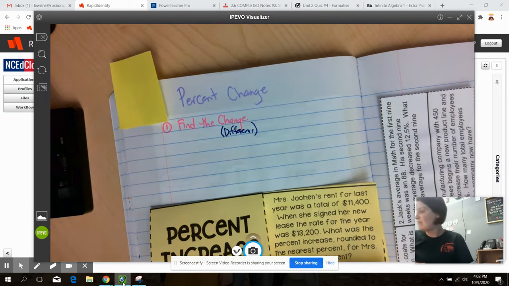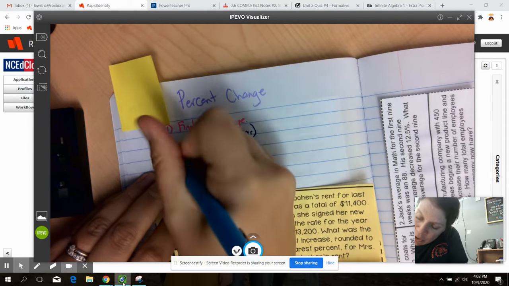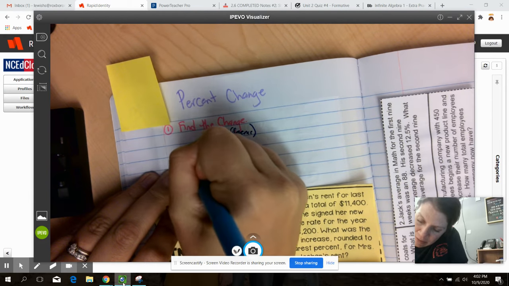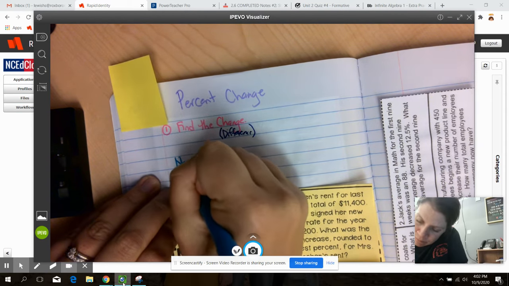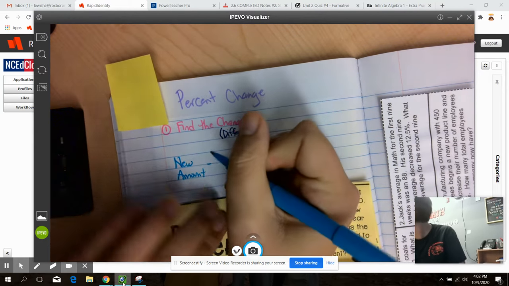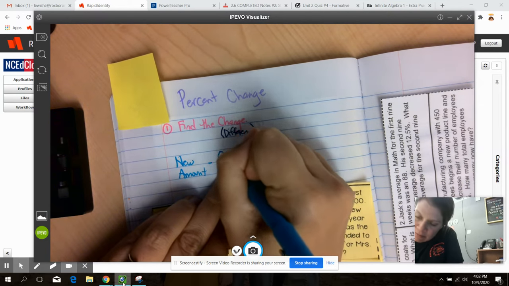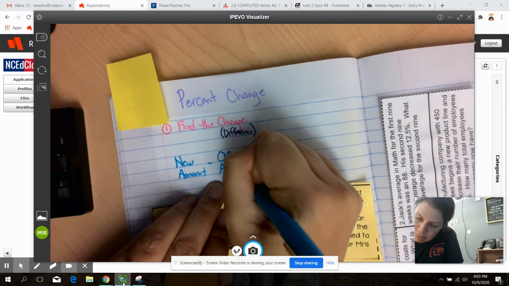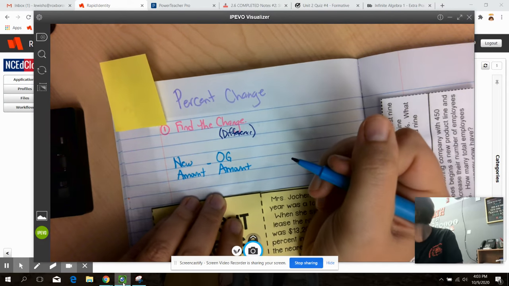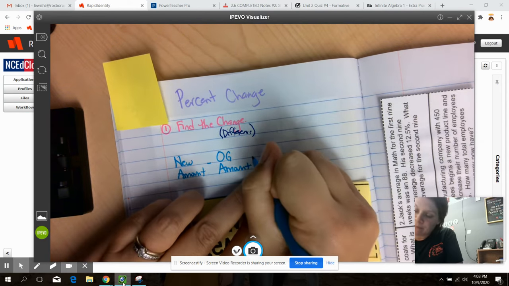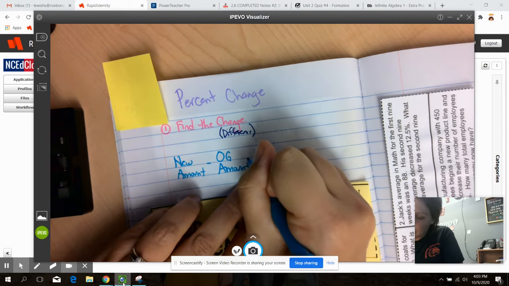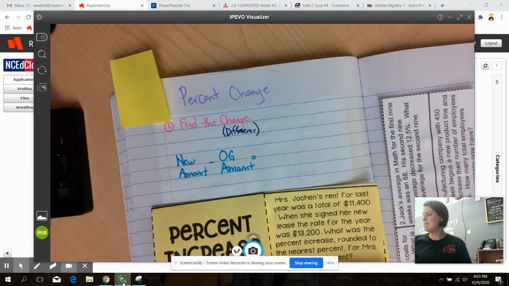When I say find the change, find the difference, we know that we need to subtract. So to do that, we're going to do your new amount and we're going to subtract the original amount.